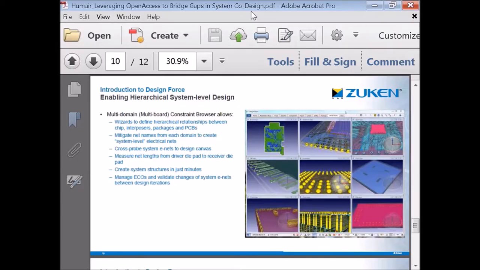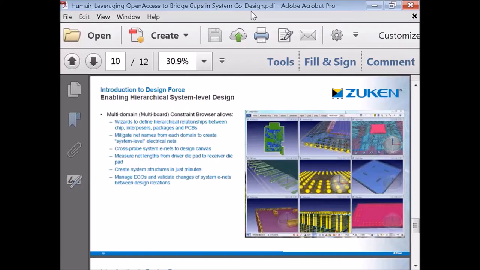The engineers are defining it differently. So how do you mitigate that? We have wizards that create system level electrical nets and then create one full system assembly view, and then allow concurrent designing, doing live trade-offs across the system.